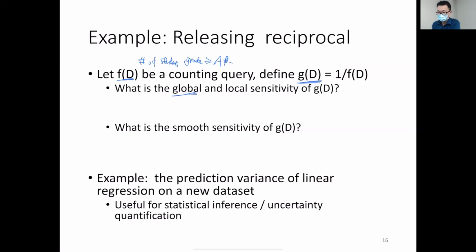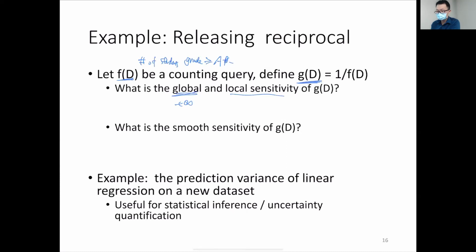How about we start with global? What is the worst possible perturbation that you can have here? Yeah, excellent. When f of d is equal to 1, you get 1, and when f of d is equal to 0, which you can achieve by just adding or removing one individual data point, it suddenly becomes infinity, right? So the global sensitivity is not bounded.